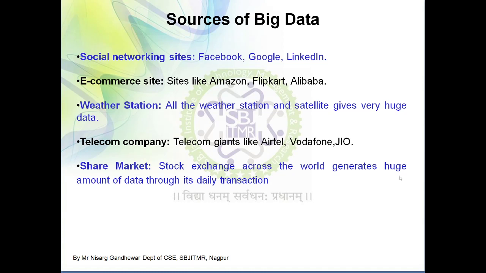Suppose we talk about India: our share market opens at 9:15 and closes at 3:30, during which a huge amount of data is generated. Multiple sites generate data related to various shares and companies listed on the BSE as well as the NSE. All these are considered sources of big data.